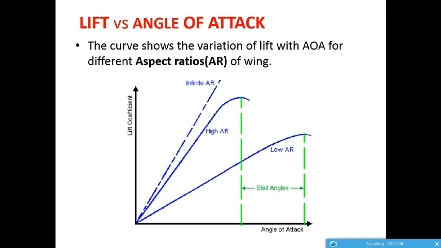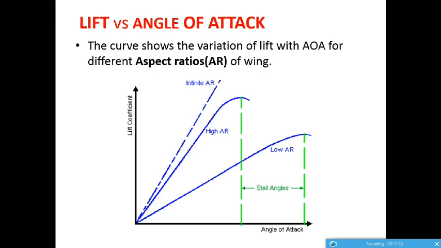Here you can see a graph of lift versus angle of attack. I already told you that lift is usually affected by the speed of the wing, the shape of the airfoil, and another main thing called the angle of attack.